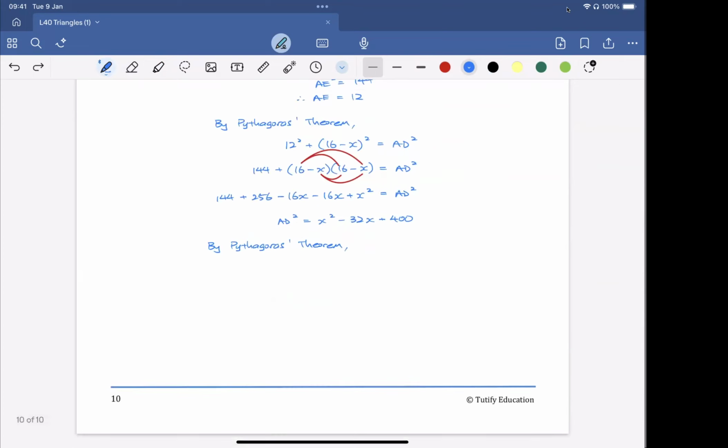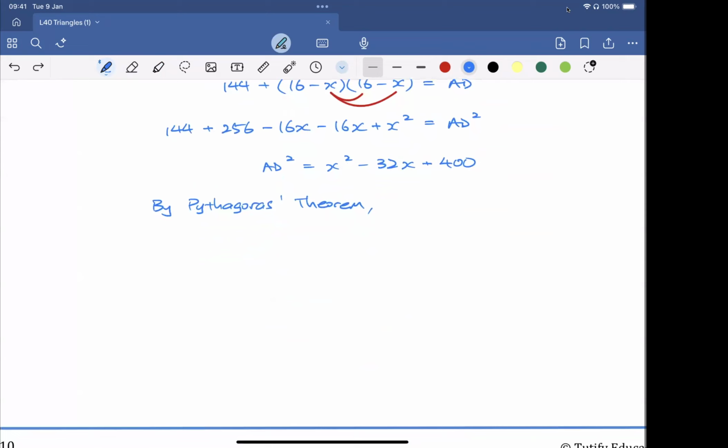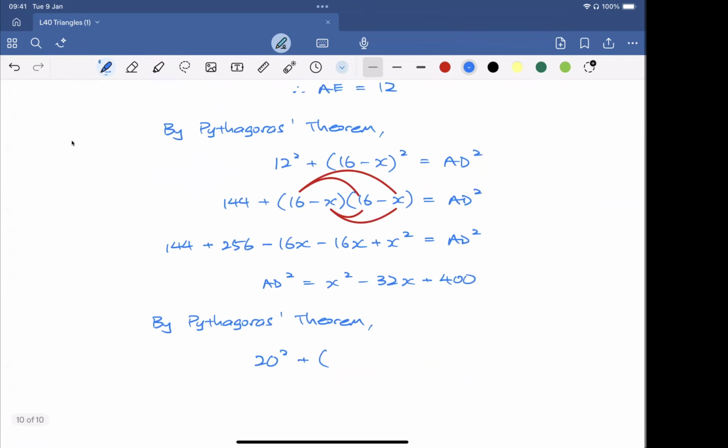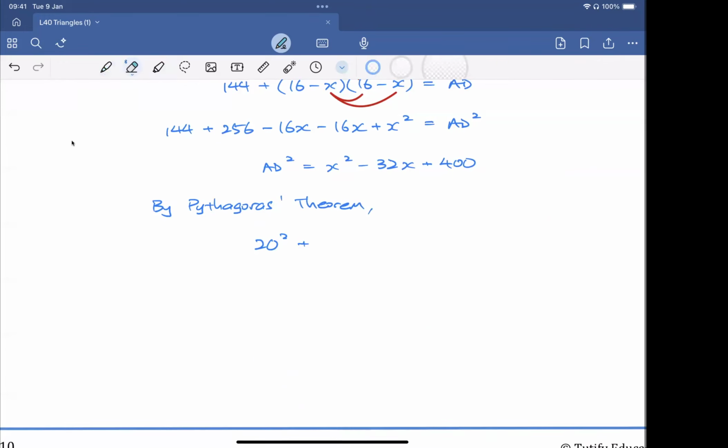So let's write it down. We are going to say that 20 squared plus AD squared equals to 32 minus x squared.